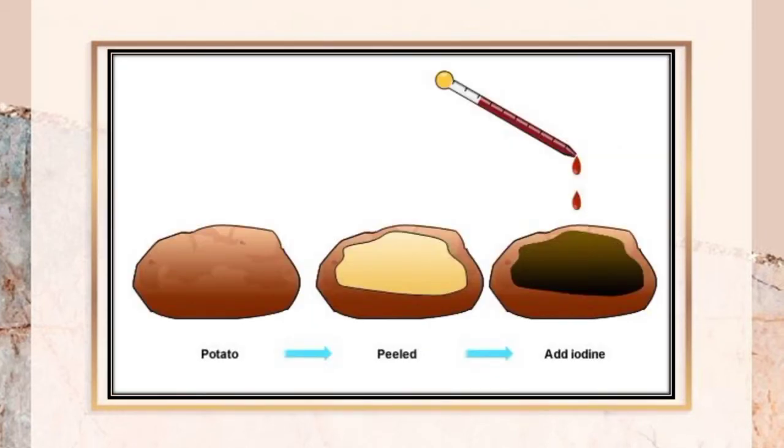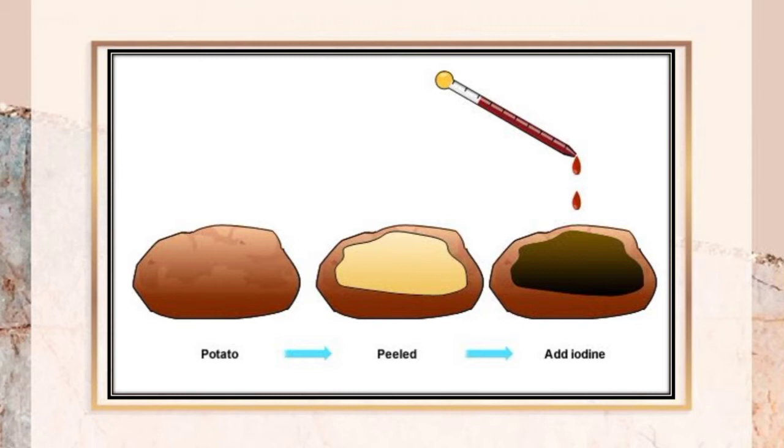Now let's revise an experiment. Aim: to test for starch. Things needed are potato, a dropper, and iodine solution. Method: first step, slice a potato into two.